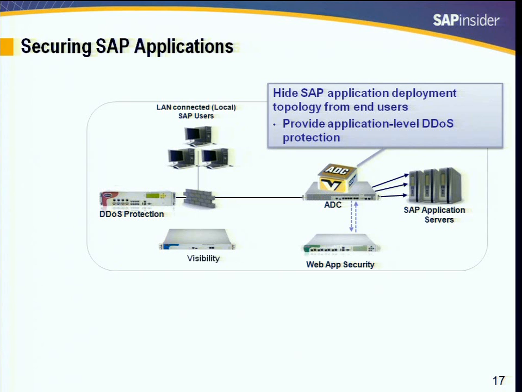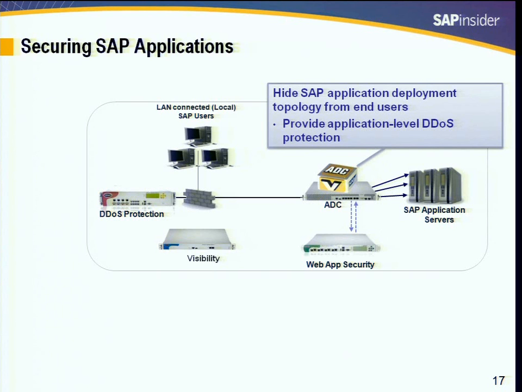The technique is called obfuscation or hiding, so you hide implementation details from external users. Typically, because ADCs are deployed as a reverse proxy, the client really doesn't know who it's talking to. They're decoupled for a reason, so that you can scale them, you can make them available, but you can also obscure them.